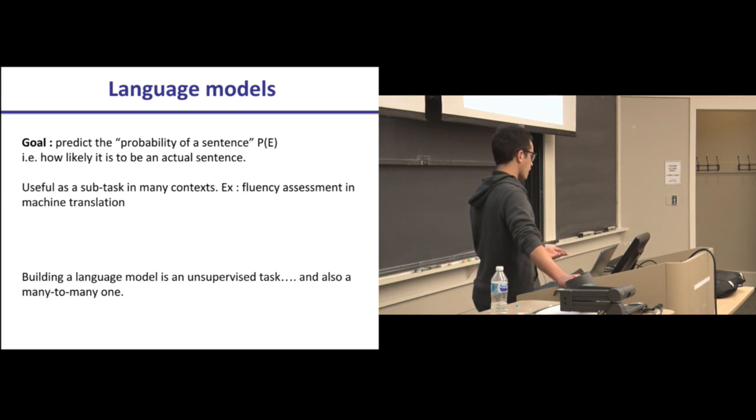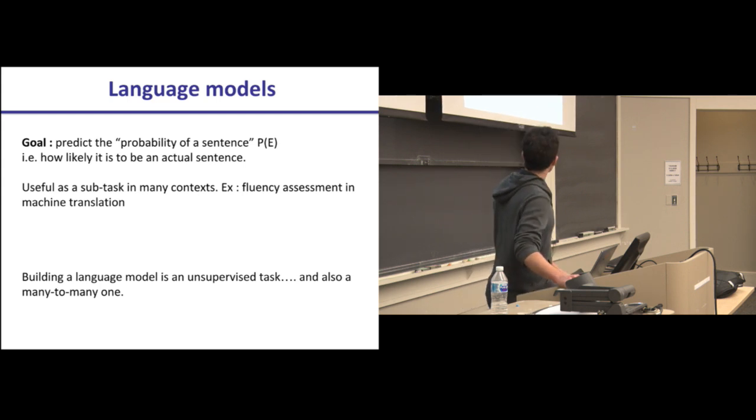Depending on what you train it with, it can mean whether it is fluent or whether it is grammatically correct or whether it is within the topic of the document you trained the language model on. So you can use that like for fluency assessment in machine translation, for example.